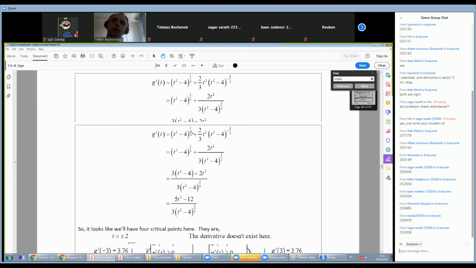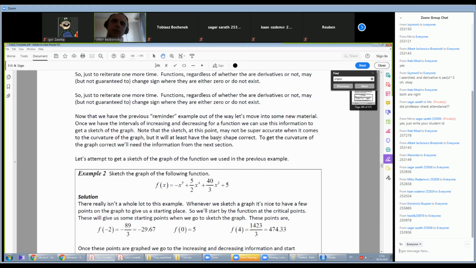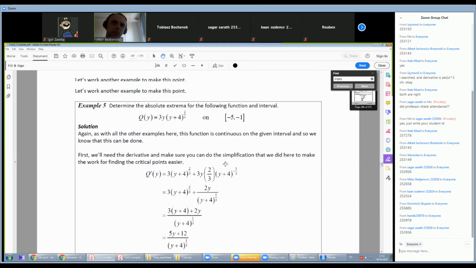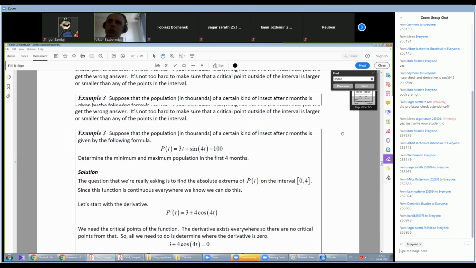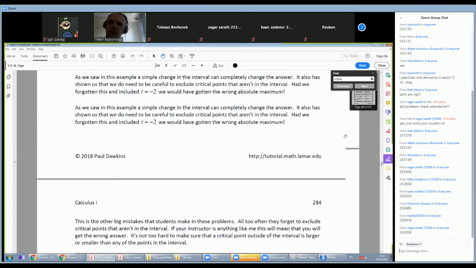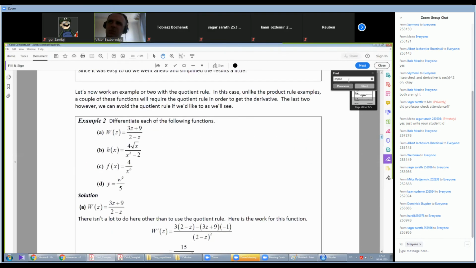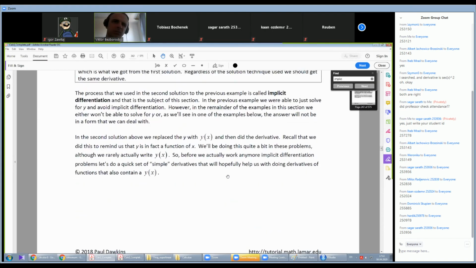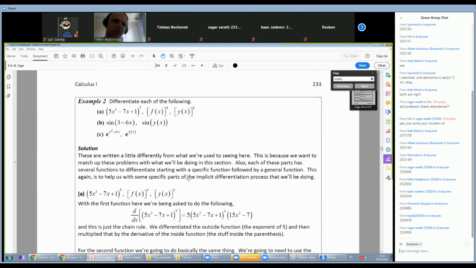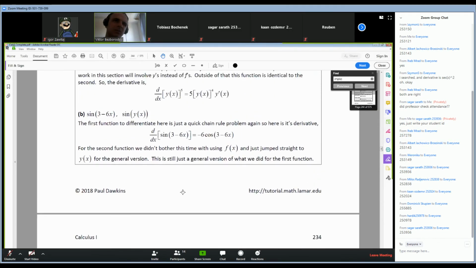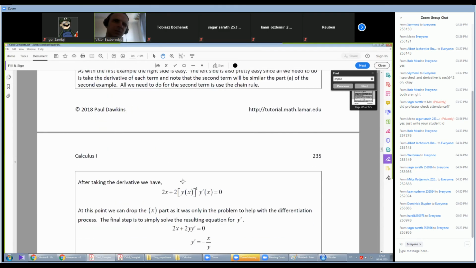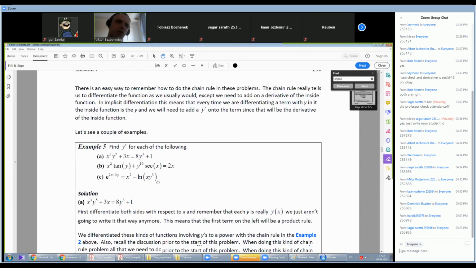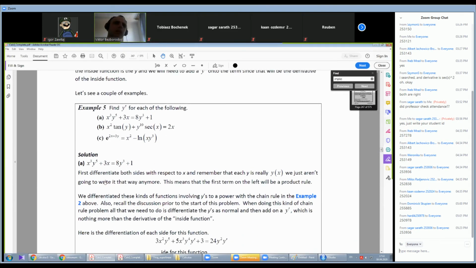We started with implicit differentiation, right? Those are the first 3 examples of implicit differentiation.